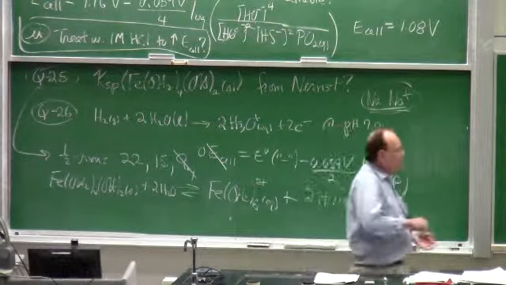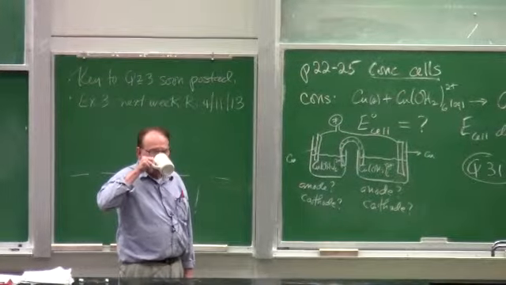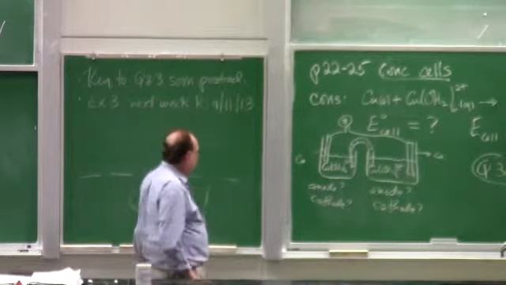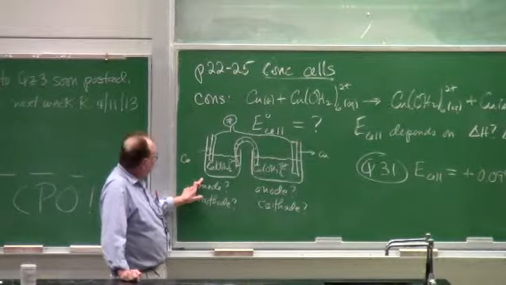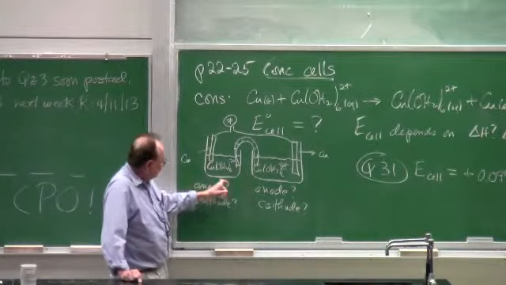All right? So we take a look at concentration cells. Interesting cells, to say the least. Here's a picture of a beaker containing a strip of copper standing in a solution containing hydrated copper ion. Same over here.